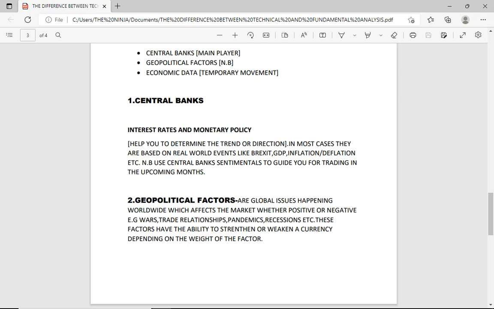So mostly in geopolitical factors, if let's say the dollar is experiencing a recession, investors pull away their money and invest in assets like gold. Gold doesn't lose value, whether it's a pandemic, a recession or whatever, gold will never lose value. So investors move their money to safe haven currencies.